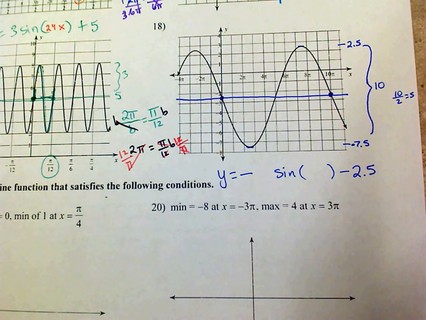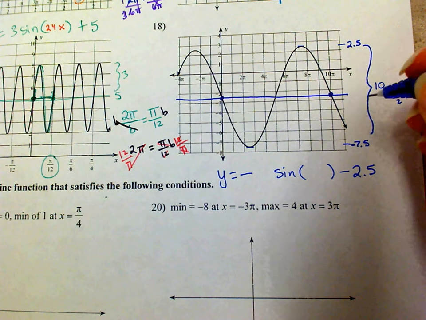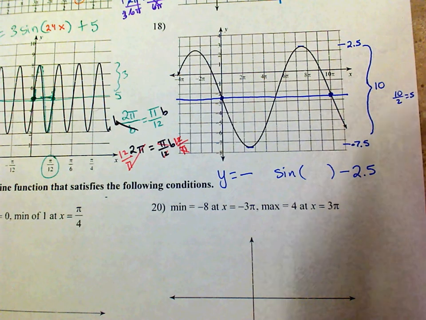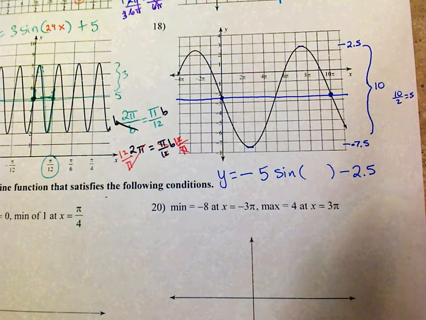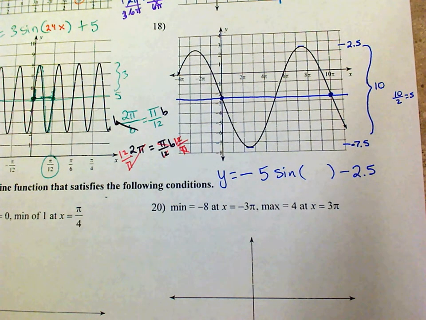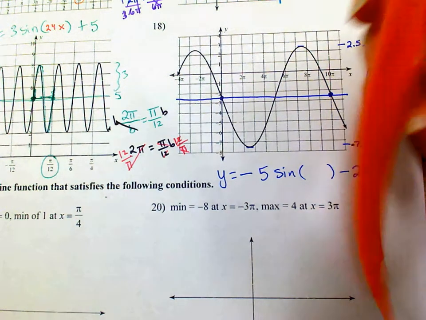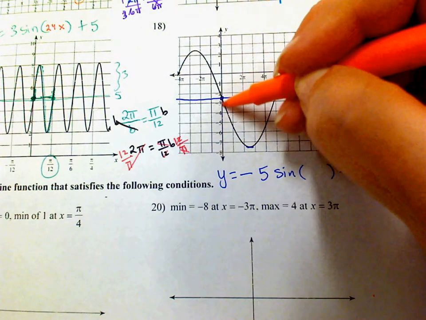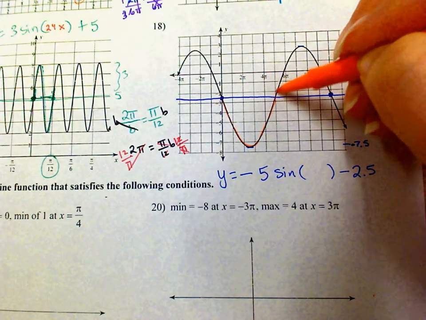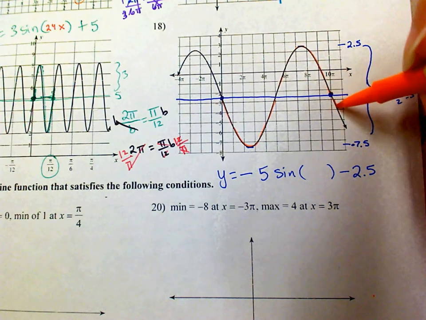And then I just need to figure out the period. Well, one negative sine wave starts at the center, goes down, goes to the center, goes up, and then back to the center, and then I start repeating myself. So that is my period. 2 pi over b equals 10 pi.